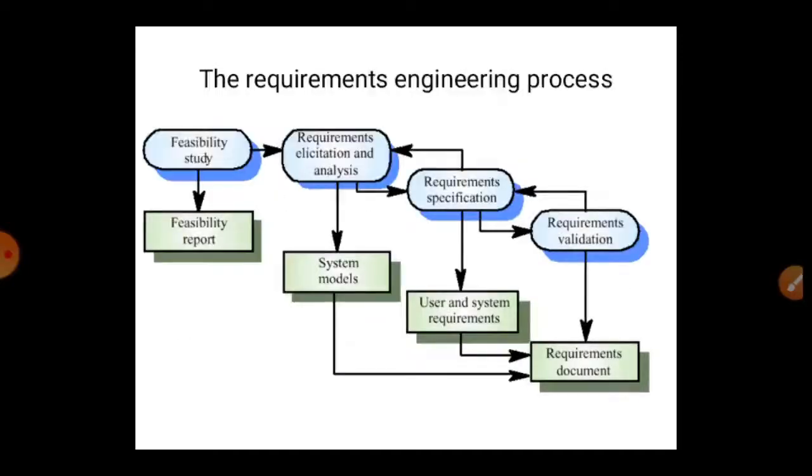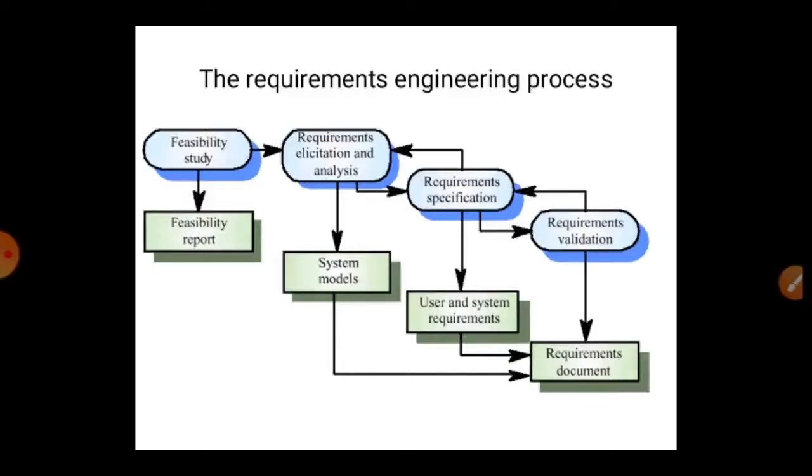In the diagram that we see now, the requirement engineering process is clearly shown. This diagram also shows the 4 sub-processes: feasibility study, requirement elicitation and analysis, requirement specification, and requirement validation. You can find that each sub-process comes out with a document.